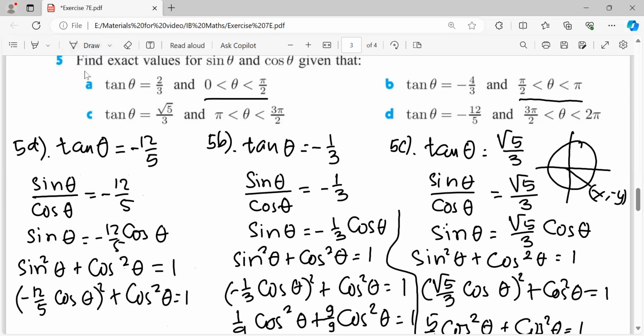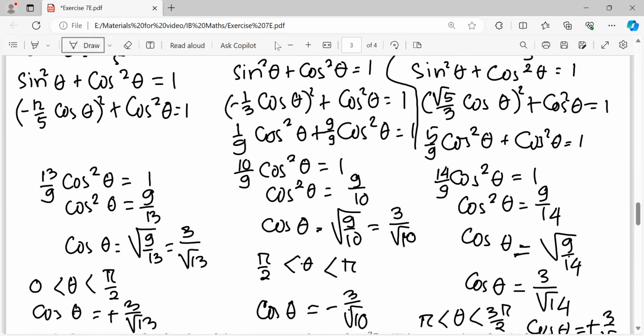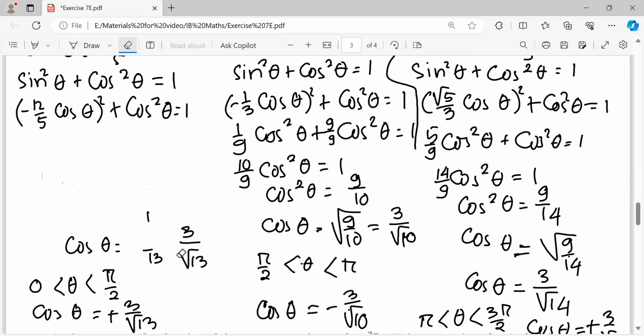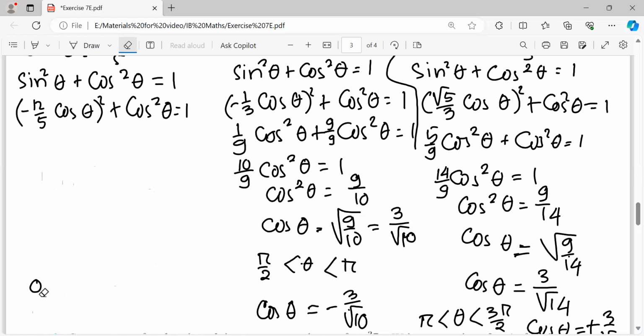12 squared equals 144, so 144 over 25 cosine squared theta plus cosine squared theta equals 1.